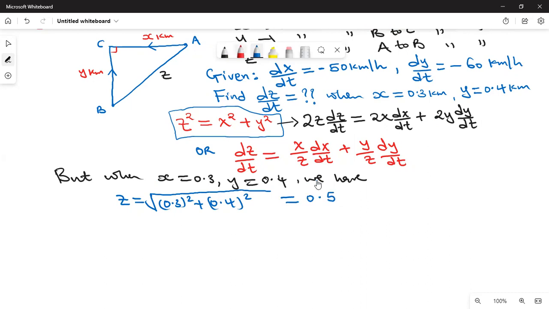Now that we know everything, let us substitute the values of x, y, z, dx/dt, and also dy/dt.